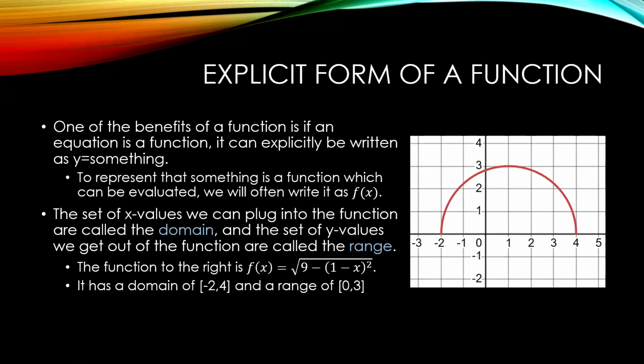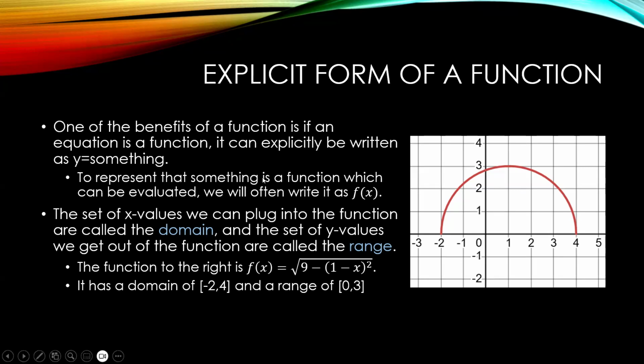Oftentimes, we will use the explicit form of a function. And so one of the benefits of a function is if an equation is a function, it can explicitly be written as y equals something. Now, that something might not always be nice, but it can be written as y equals something.